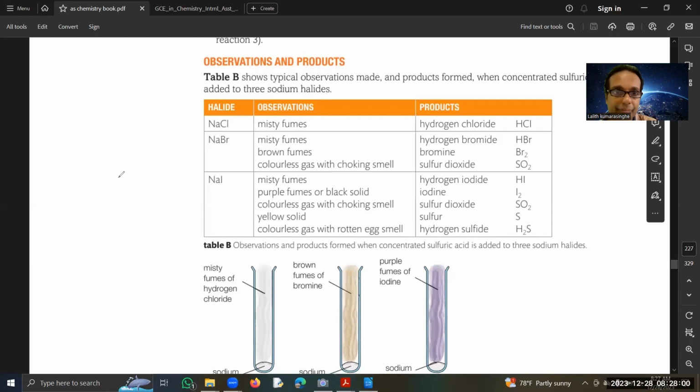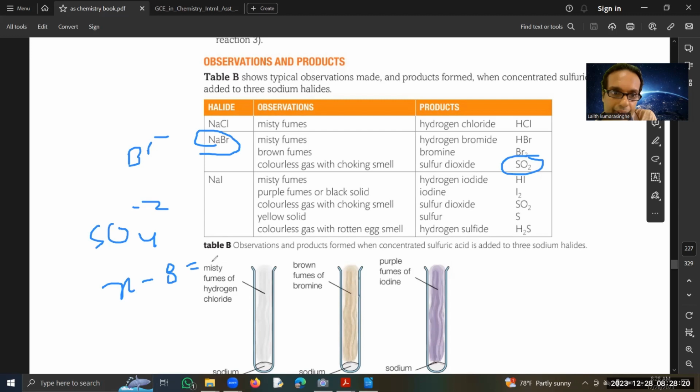Then sodium bromide, the bromide ion, with sulfuric acid. To reduce the sulfate ion, the oxidation state of sulfur is x - 8 = -2, so x is +6.